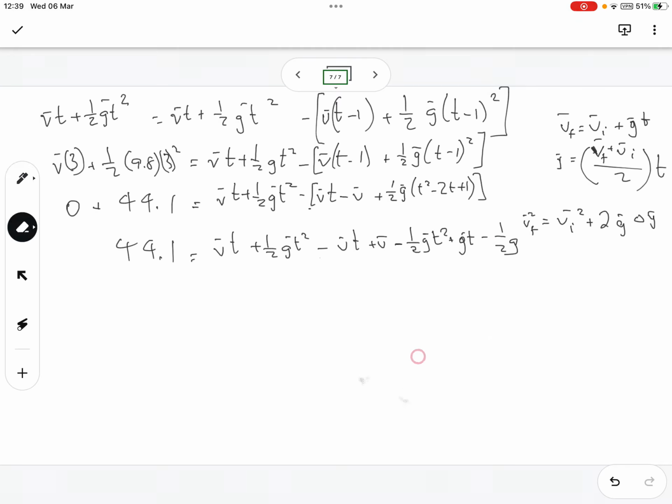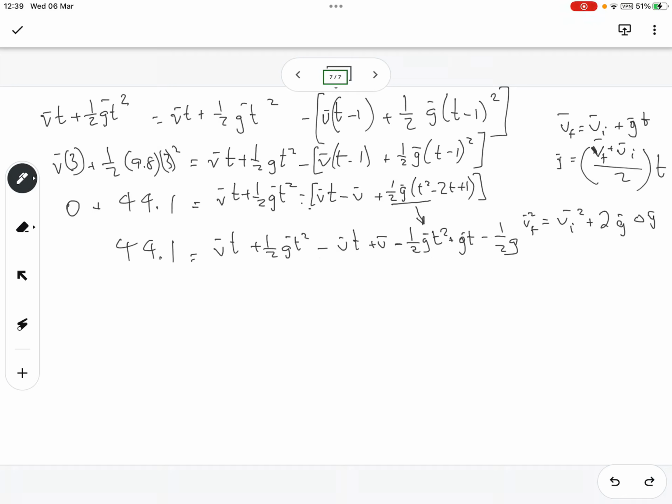Is that correct? Let's check. Right here. Yeah. I get it. It's half gt squared times negative gives me that.